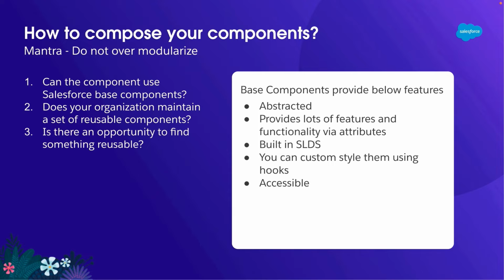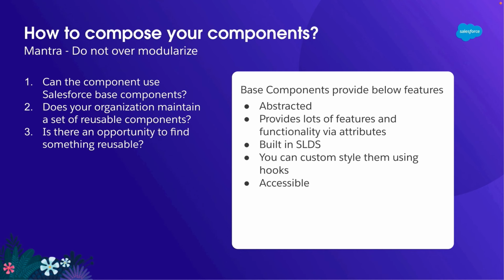Now, finally, find out if there is an opportunity to build something reusable. So when you are building anything with Lightning components, see if there is an opportunity to make the components reusable and make them available for other developers. Now we'll get into more depth around this in the next section.